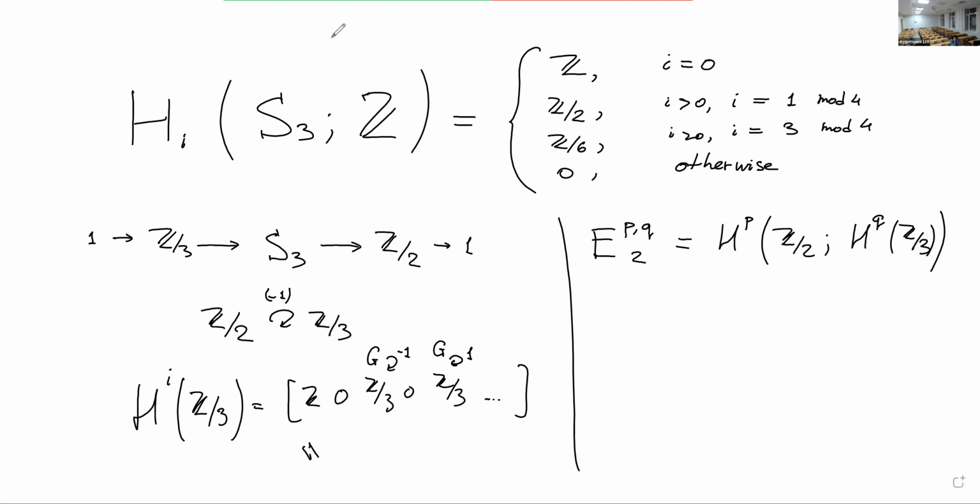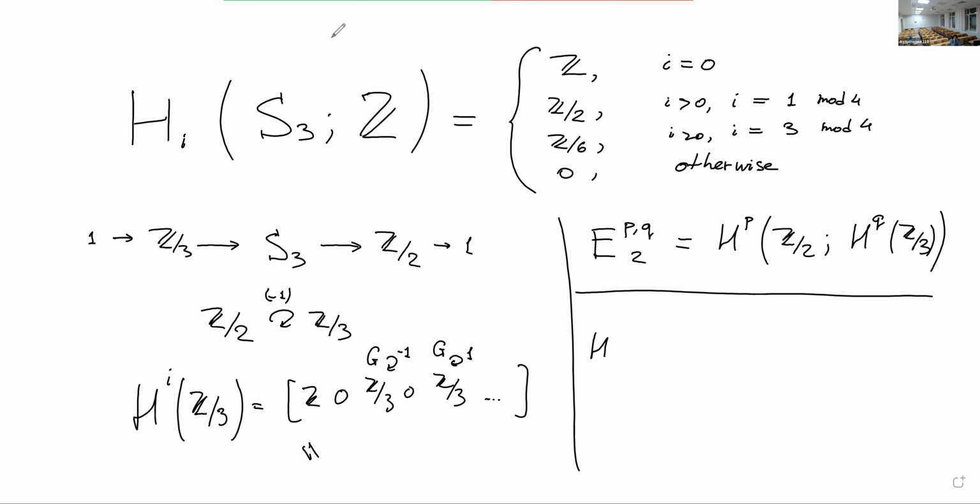And then what? Well, then we need to calculate the cohomology of Z/2 with coefficients in Z/3, with the trivial and non-trivial action. Well, we sort of know.